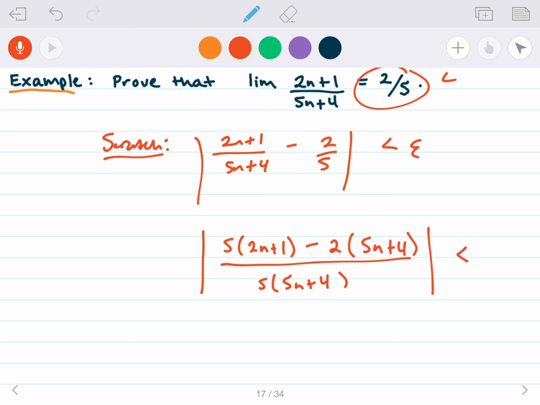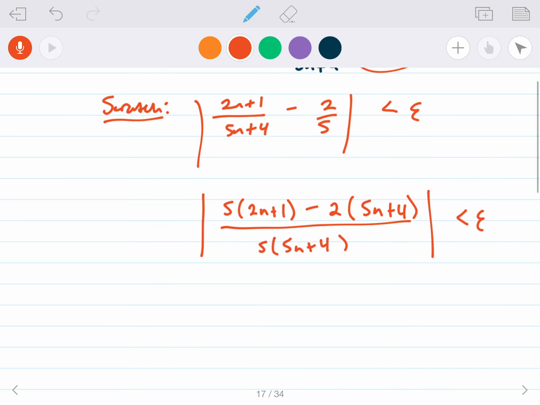I want this less than epsilon. Okay, now we can combine like terms on top. The 10 n's are canceling out, and then we get 5 minus 8, which is negative 3.